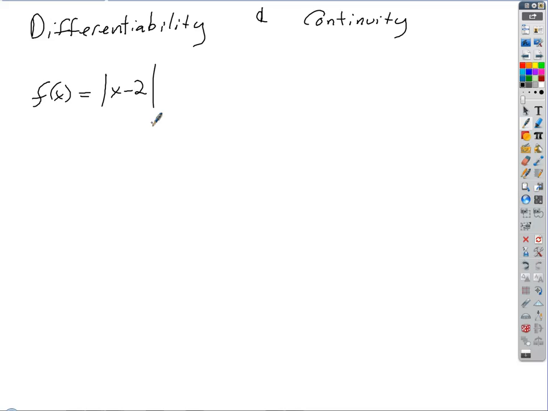Absolute value functions are a little bit tricky and a little bit of a pain. Would it just be a straight line? Well, okay, but you've had some experience with this in honors algebra 2, and a little last year too. You can't always do all the algebra you need to conveniently with absolute value notation, right?